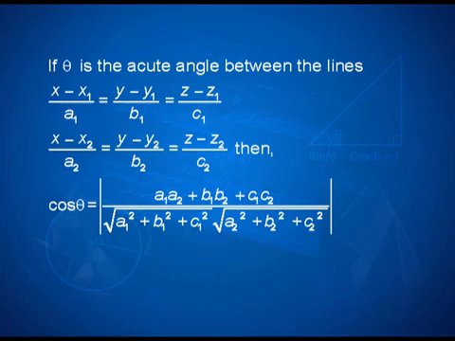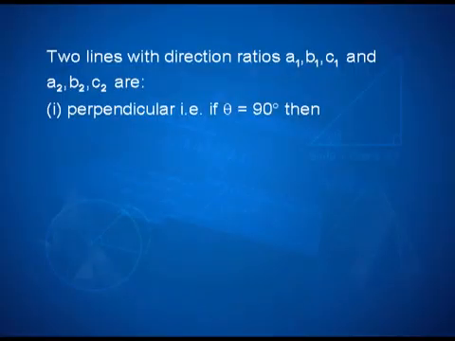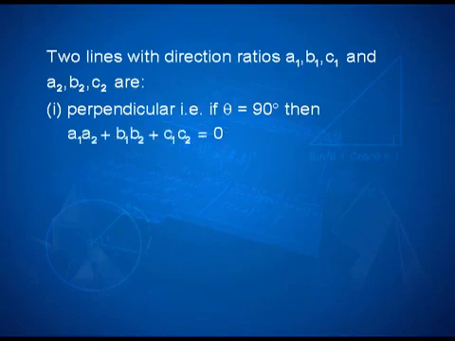This also enables us to talk about what happens if the lines are perpendicular. If lines are perpendicular, then theta must be 90 degrees, cos theta therefore should be 0. That gives you the condition a1 a2 plus b1 b2 plus c1 c2 must be 0.